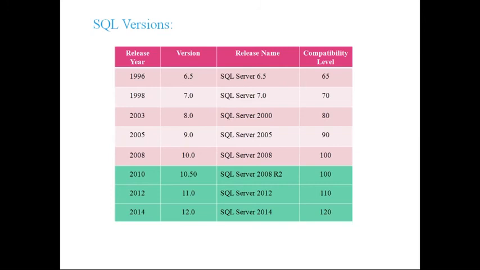Microsoft already announced that they have stopped support for SQL 2005, and I heard for 2008 as well. So we are going to discuss mainly the last three versions, that is 2008 R2, 2012, and the new version 2014. I will be concentrating more on SQL 2012. That is what the majority of organization servers are on.